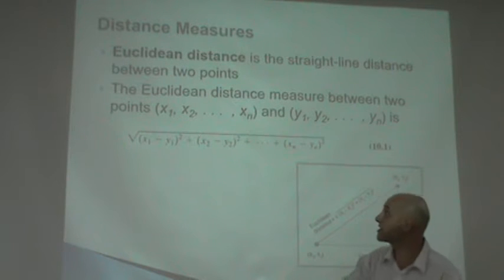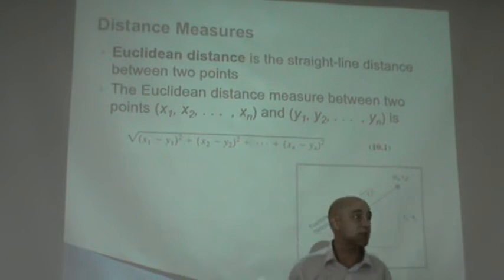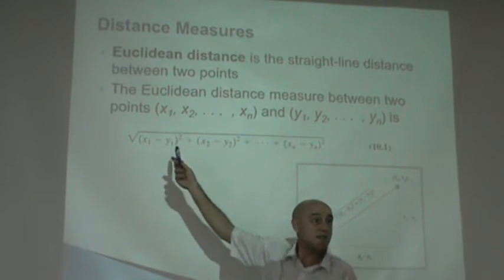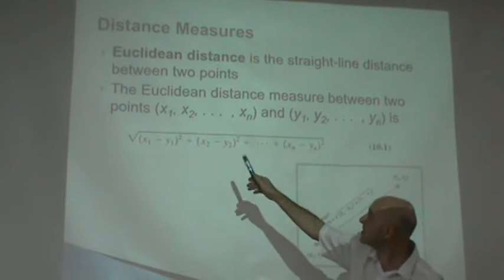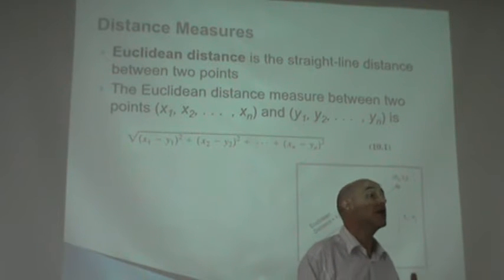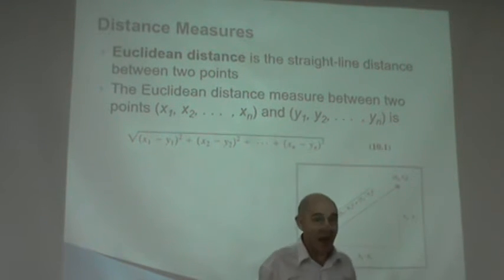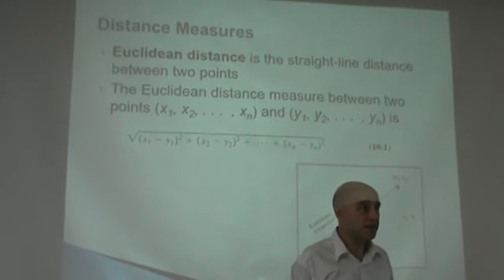Differences is in distance. So we usually use in mathematics and statistics a standard distance. The distance between 2 points is called Euclidean distance, defined in a very simple way, just like you study in your geography. Just take 2 points and you measure by the coordinates. Okay?